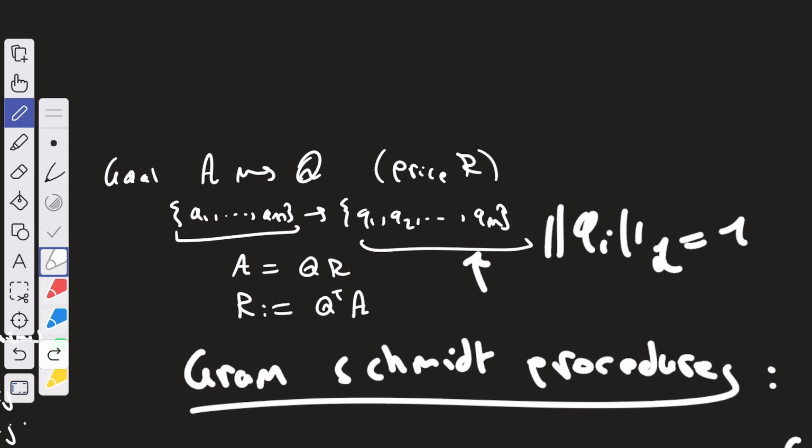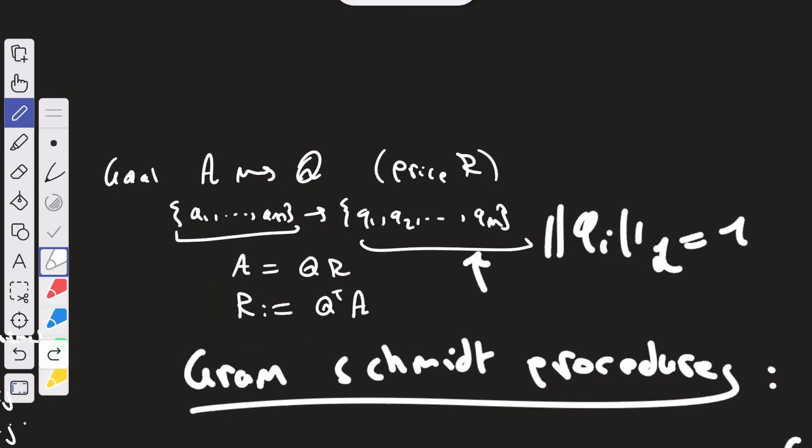Then we'd actually be done. We've found the QR factorization, because recall the goal is to define A to be QR, and then we can just define R to be Q inverse times A, in this case Q transpose times A. From this equation we can get R immediately.